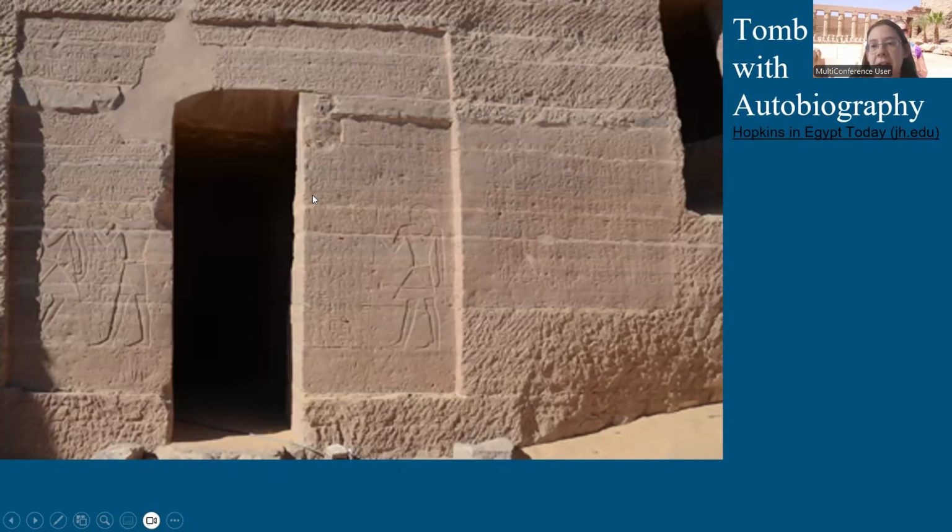This is one of their images from the archaeological work they've done on Harkuf's tomb, and you can see his tomb autobiography here with a picture of him on either side of the door, which again, speaking to the Narmer Palette, shows how size is already being used as an indicator of importance and showing who's top tier.